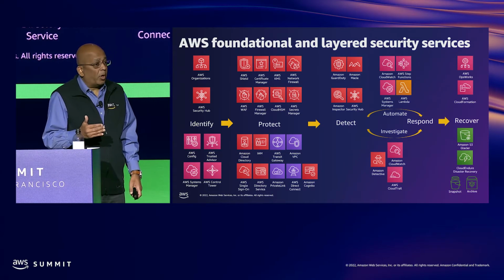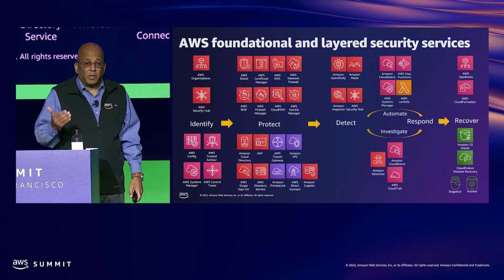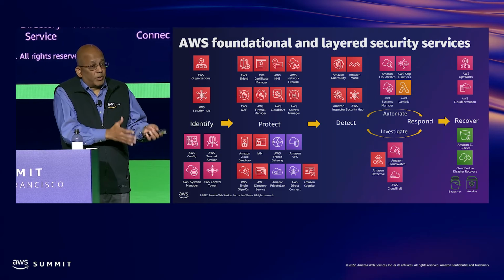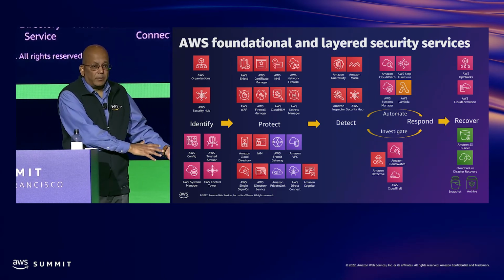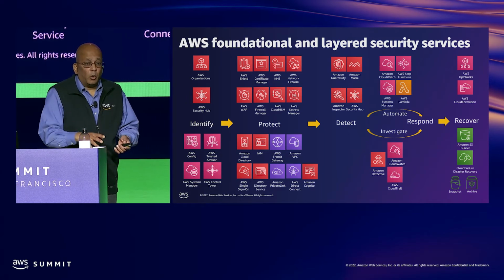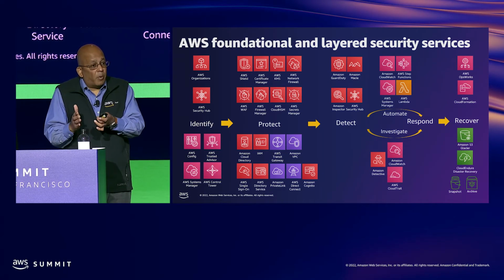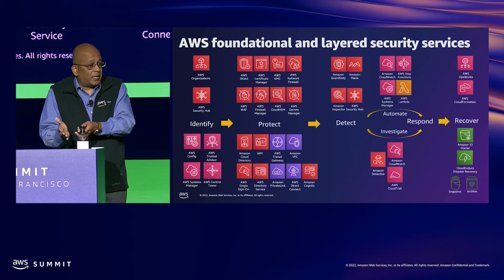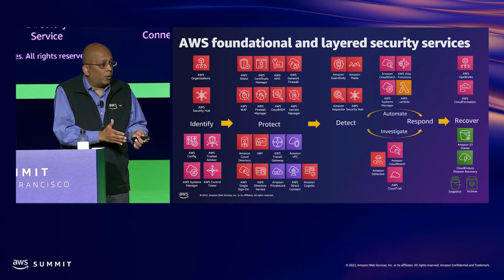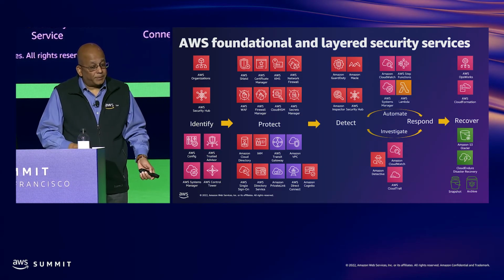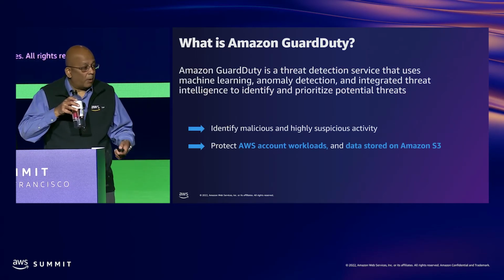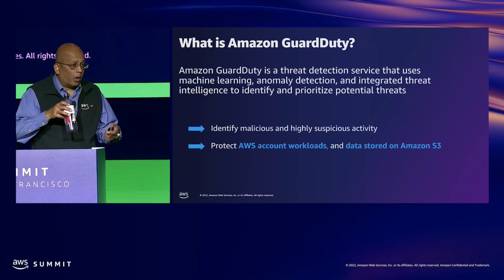In certain cases, you may want to be able to recover quickly as well. And we have got services for them as well, where if there was a compromised resource, you want to completely isolate that. You can do your forensics on it to figure out what the root causes are. But then you want to get going as well from a point and recover from, let's say, a snapshot or a backup that you had, so that you can get back operationally to a point before the resource was compromised. So let's talk about a few services that will be of great interest for our ISVs.